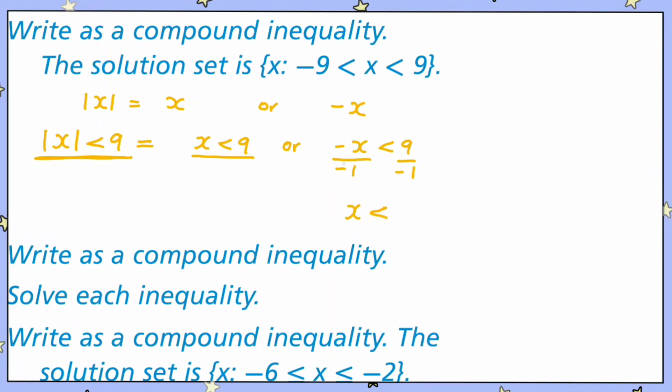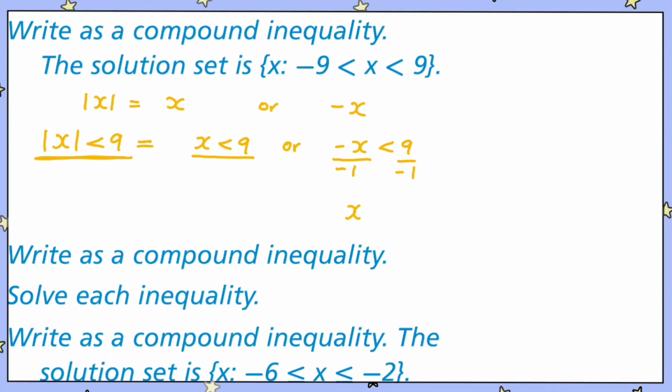Except that since we're dividing through by a negative number, -1, we're actually not allowed to keep this less than sign. We have to flip the sign to a greater than sign because those are the rules of inequalities.